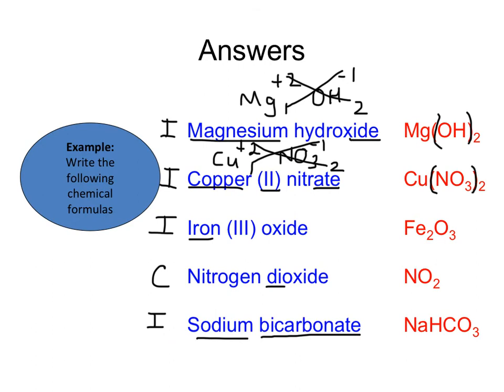In the third example, I do have a type 2 metal as well. You can see the Roman numeral 3 telling me its charge. It's ending in "ide," which means it's a single nonmetal. I go to the periodic table to get its charge. It's -2. And once again, I will crisscross to get the 2:3 ratio. In the next example, we don't do any crisscrossing. We just translate. Nitrogen is just N, di is 2, and oxide is oxygen, which is O. And in the last example, sodium is Na.